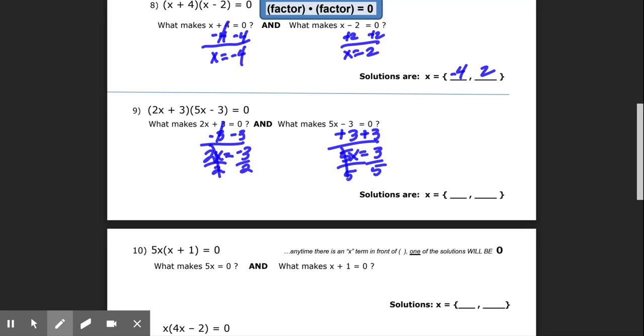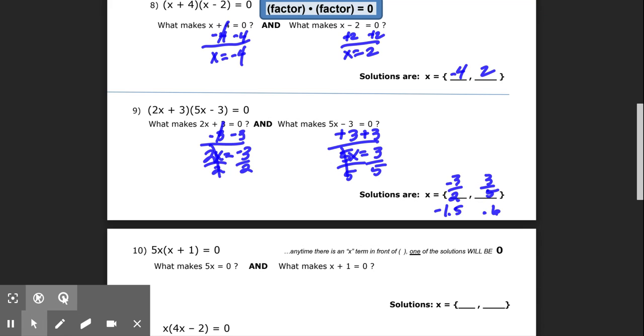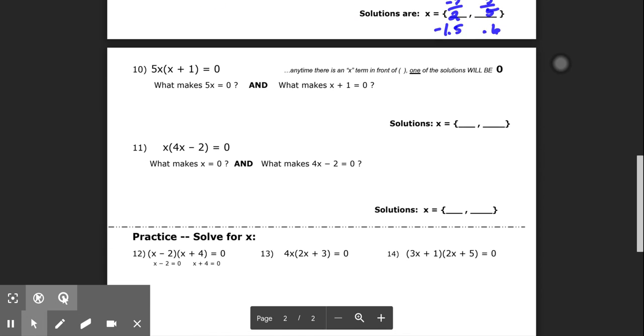So you have a fraction negative 3 over 2. And you have a fraction of 3/5. You could also write these as decimals if you wanted to. So this would be a negative 1.5, and then this would be 0.6. Especially if you had to plot the points on a coordinate plane, you would definitely want to use a decimal.